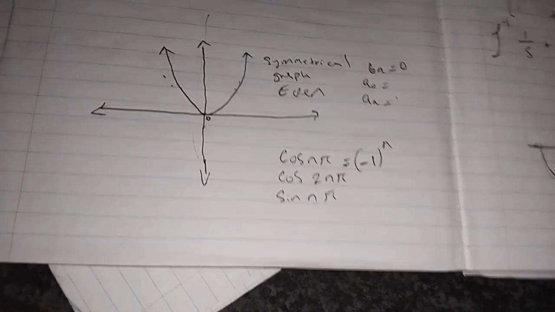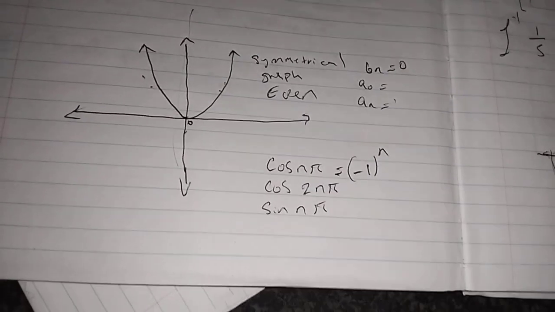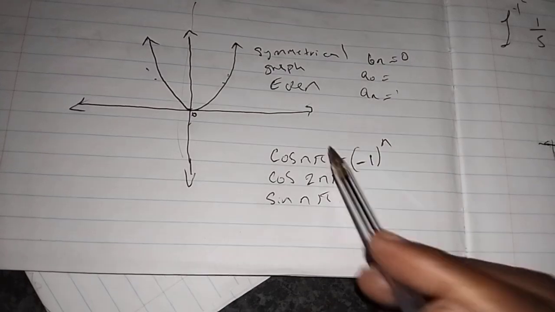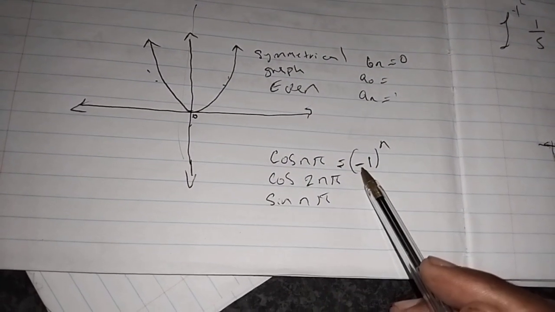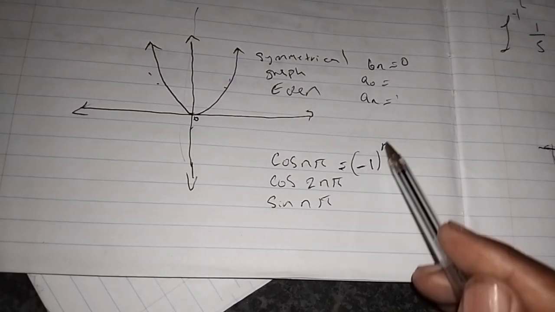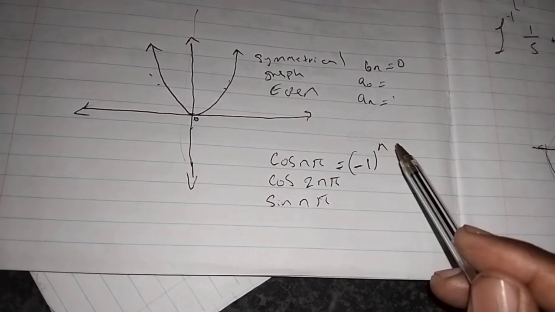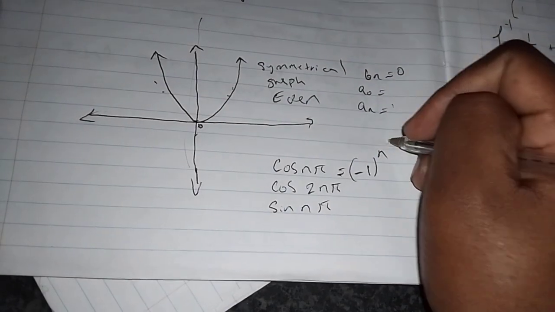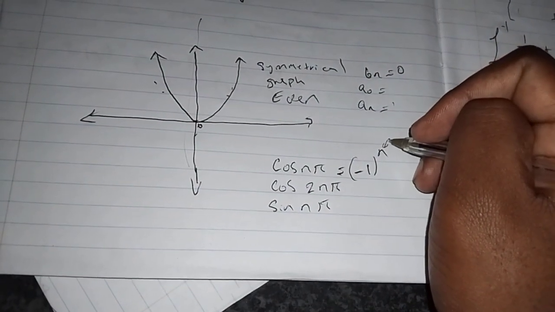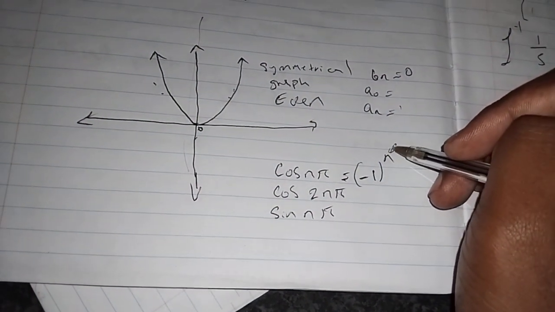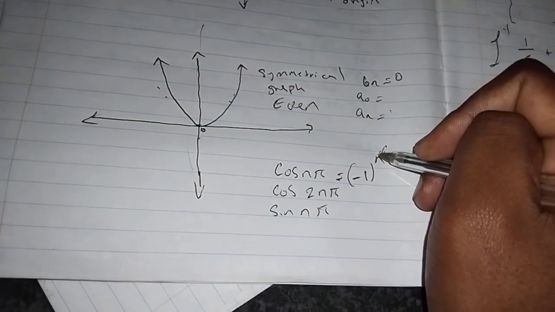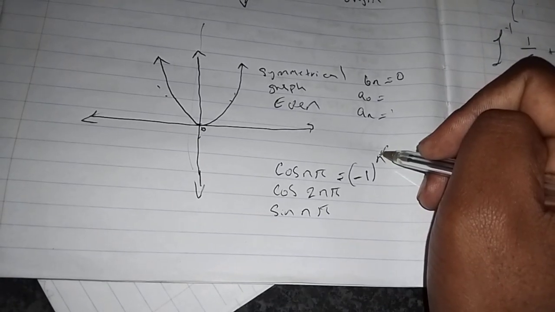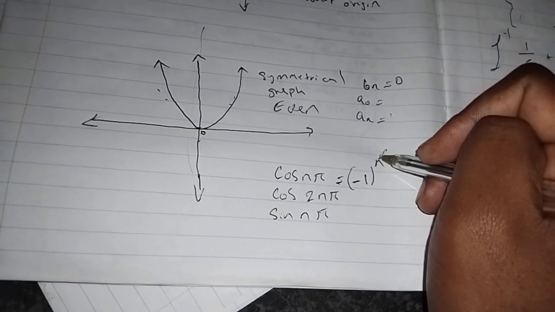If you make your calculator radians and put any number here, it would become negative. Put n at the top: 1 is odd, 2 is even, 3 is odd, 4 is even.